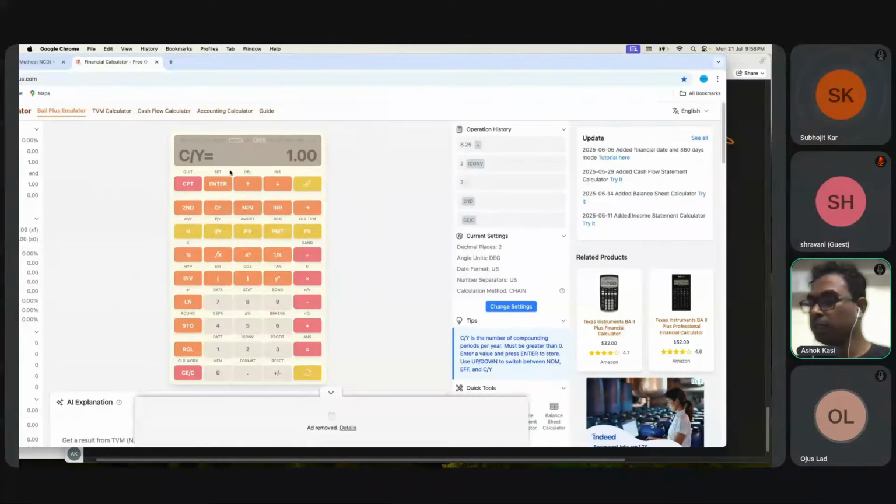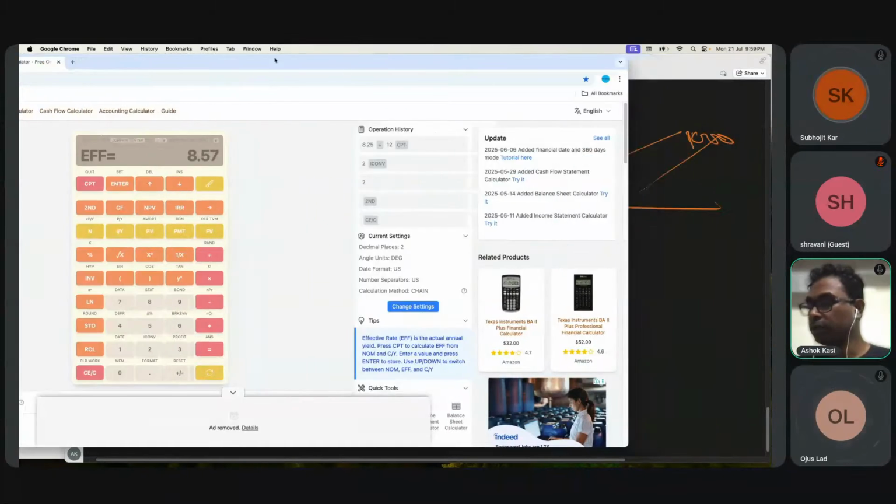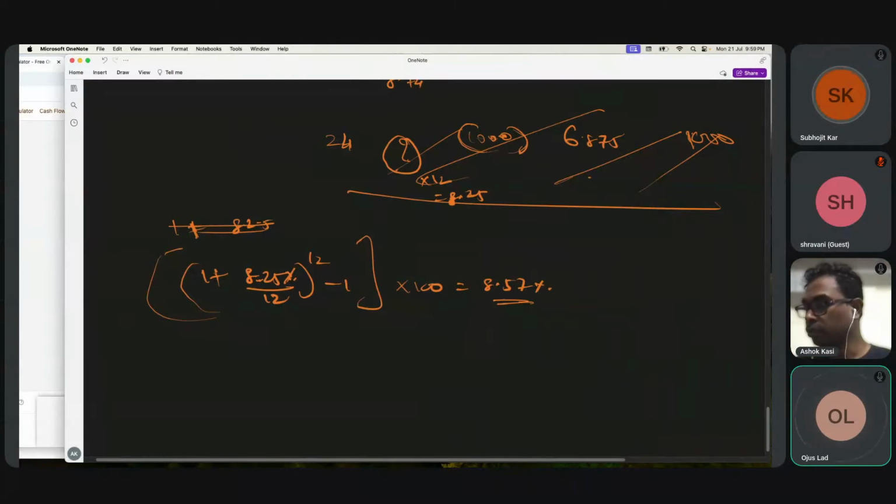C by Y is compounding per year. How many times? 12 times, monthly. Enter. Again, downward arrow. Only these 3 variables are there. So the third variable is effective. Now you click on compute. See, 8.57. This is the effective yield actually.